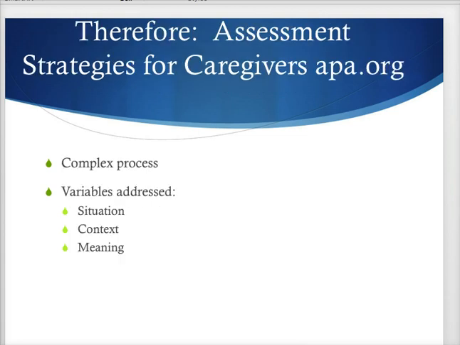Therefore, there are some ways to assess caregivers. This is a complex process, and it involves assessing individual psychological symptoms of caregivers, sometimes assessing symptoms of psychopathology in care recipients, and understanding the demands that illness and disability impose on the family.